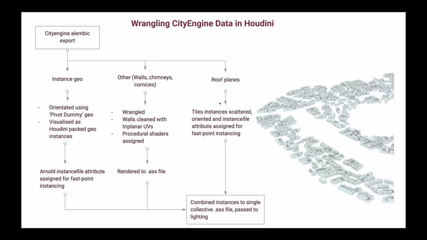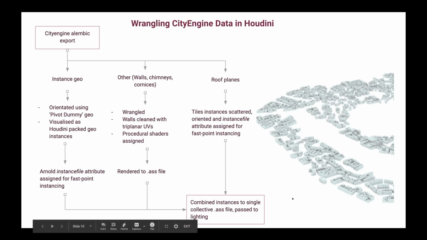The roof planes were especially interesting because the tiles were scattered in an organized way on top of the roofs and replaced with an instance file, an Arnold instance. And having so many tiles on all of these buildings added a really nice touch in specular passes when lighting.